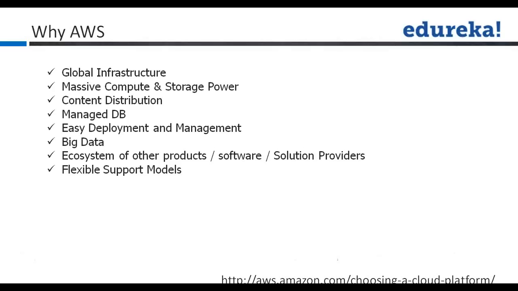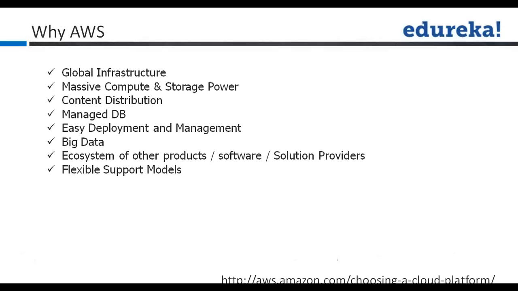Massively scalable, with virtually unlimited scalable power available. It provides content distribution with 40-plus edge locations across the world. Managed DB services like DynamoDB and RDS are very easy to deploy and manage. It also has big data offerings, with a data warehousing service as well as Hadoop with EMR.